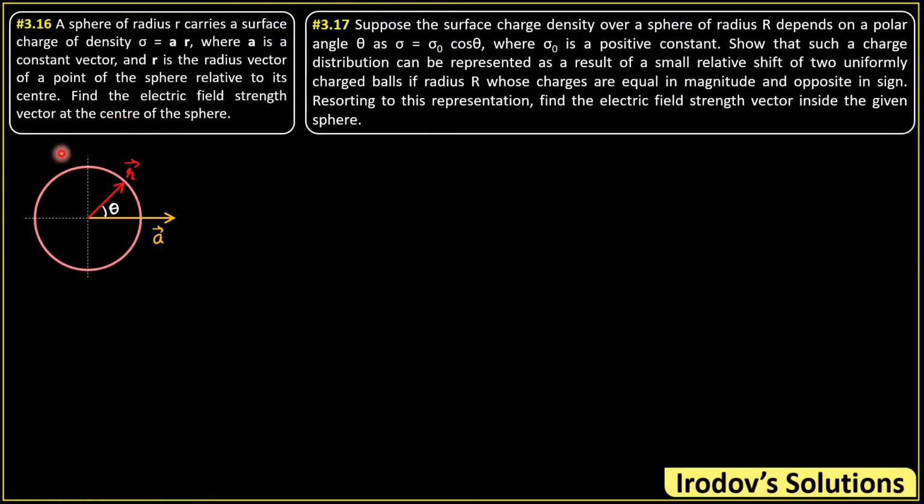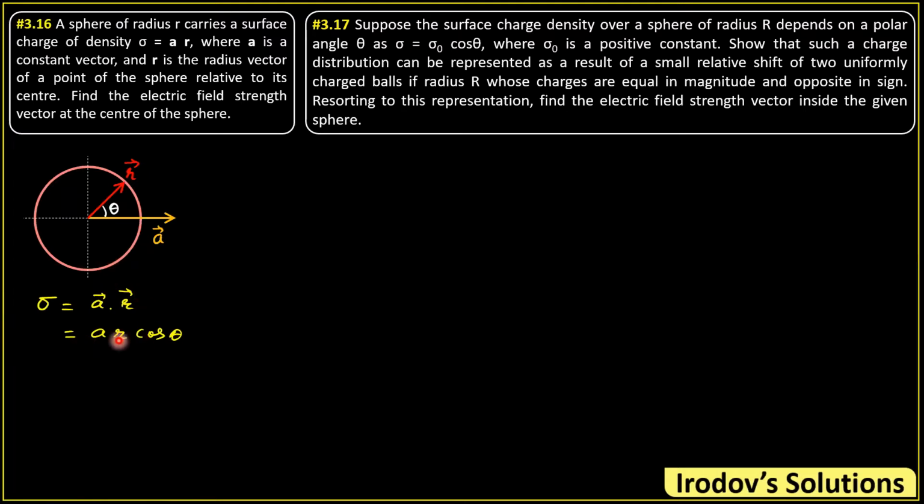So this is a sphere of radius r, and this is a constant vector a, and at angular position theta, the position vector is r vector. Its charge density is given by a dot r, and the angle between vector a and r is theta, so sigma is equal to a r cos theta. And we have solved this. You can see the video, or you can use the result of question number 3.16.